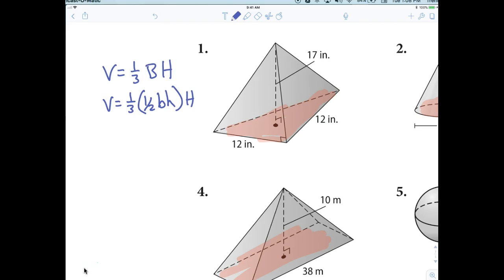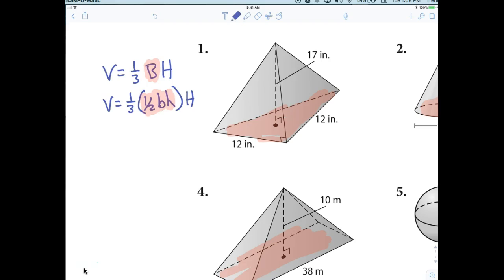All right, so now I'm going to highlight something just to make sure I'm clear. This represents the area of the what? Of the base. You guys with me? That's the formula. Now, if you understand the formula, just plugging the numbers in is what? Easy. So here we go.